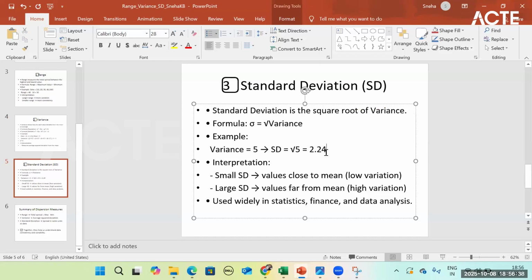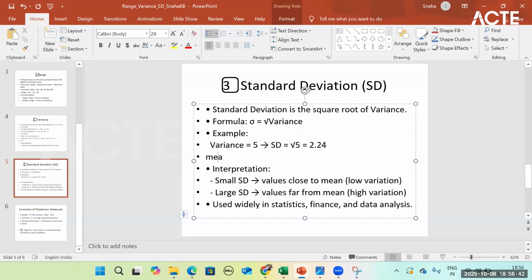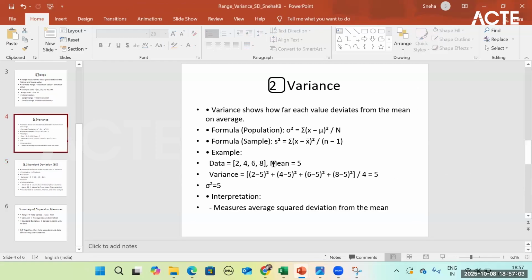What was the mean of the data? It was 5. So a small standard deviation will tell you the values are closer to the mean. Over here, all the values are a little closer to the mean.